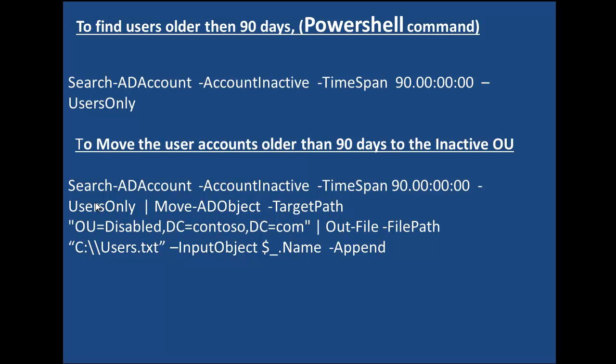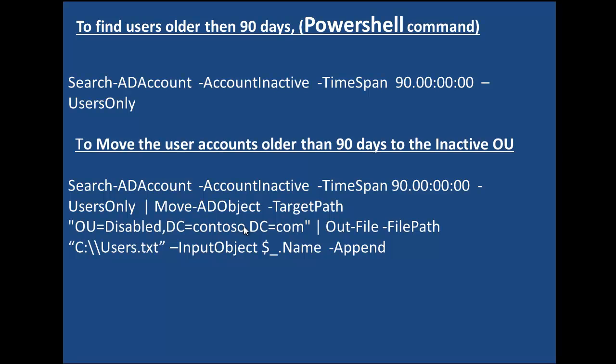In this command here, we have Search-ADAccount -AccountInactive -TimeSpan 90 days -UsersOnly, and then you have the Move-ADObject cmdlet, and you're actually moving it to an OU called Disable within the Contoso domain.